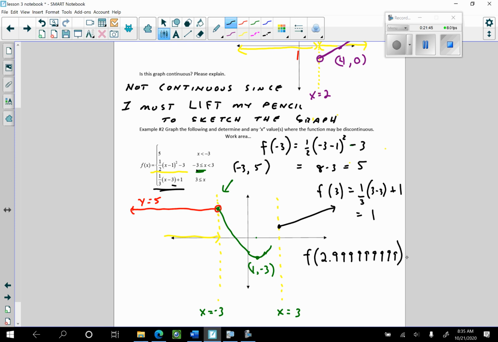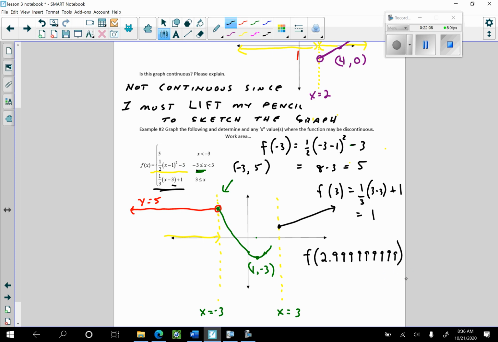Because where is 2.99999? Well, 2.99 is right there. So I'm going to put this in, and what part would I use? I would use the middle part, correct? Because 2.999999999 is less than 3, so I'm going to use the middle part.